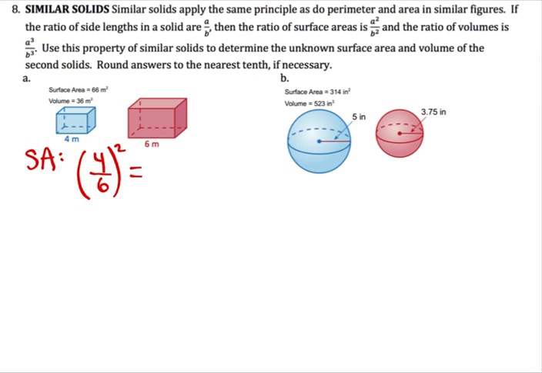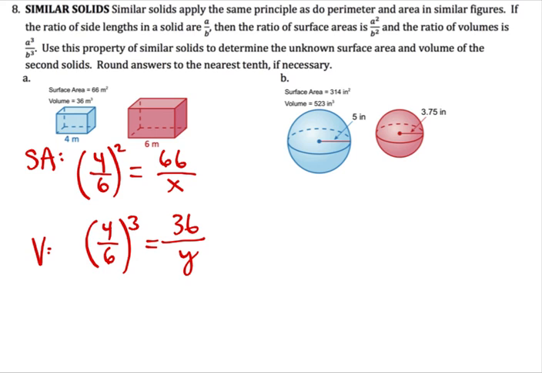And then you're going to compare the surface area, 66 of the blue, to x in the red. And then when you get to volume, you're going to want to compare the same thing, 4 to 6, but this time three-dimensional, so cubed. And then you're going to compare the volume, 36, to, let's use y so we don't have to use x. So you'll solve both of those.